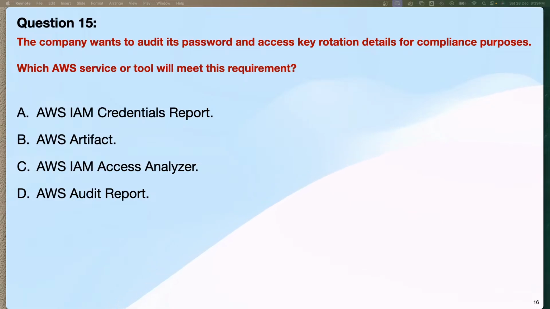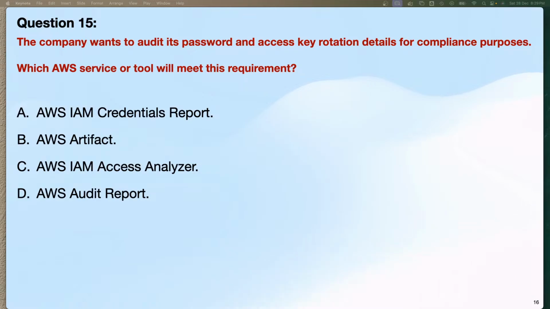You will use IAM Access Analyzer whenever you need to analyze IAM permissions. For example, you are building an application and you created an IAM policy to access a DynamoDB or S3 bucket or some AWS resources, and you want to know whether the IAM permission can communicate with the resource, whether it will work or not, or if it is not working, you are troubleshooting.